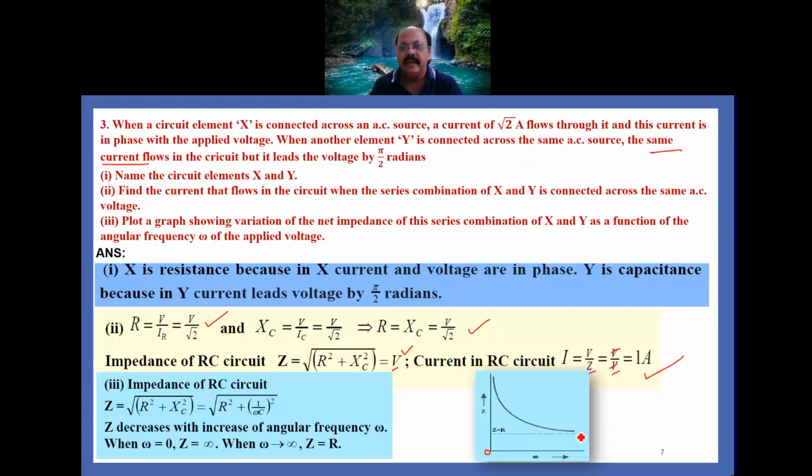And when omega is infinite, then Z equal to R. So this dotted line is representing that omega is infinite, and at that time the impedance Z equal to R. So this is the graph between impedance and angular frequency for the RC series combination as per the question.